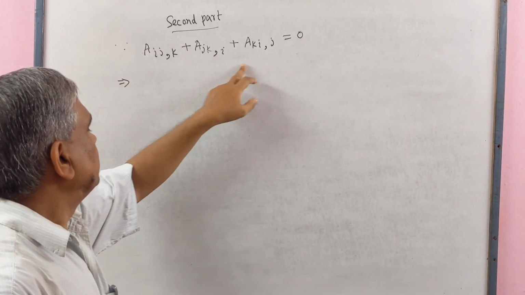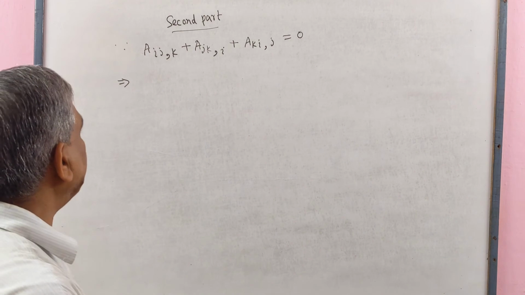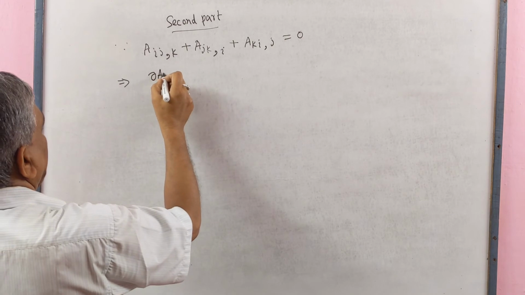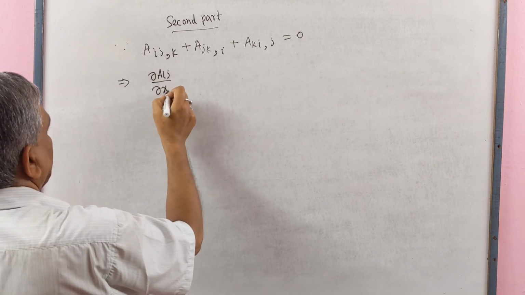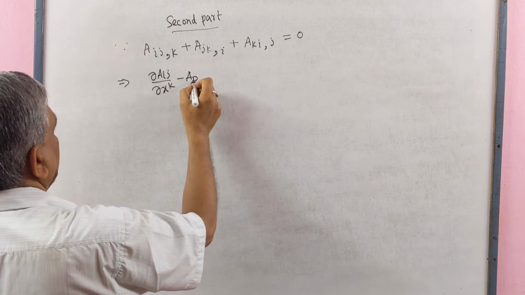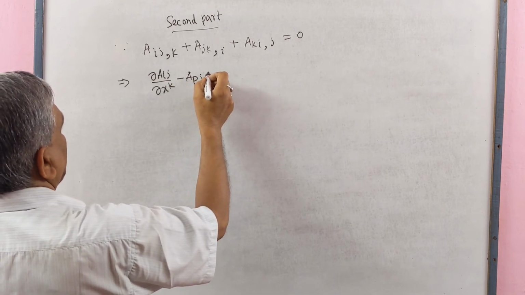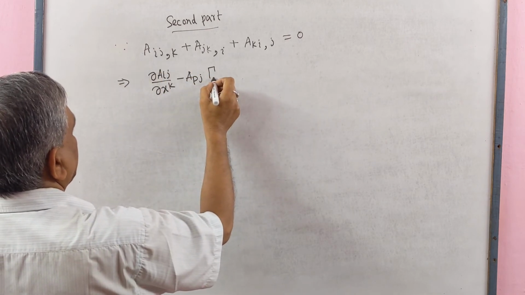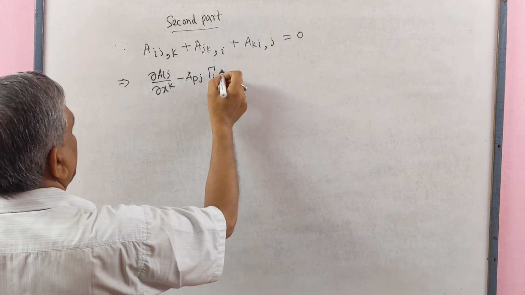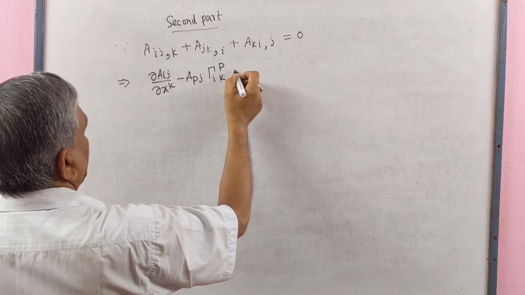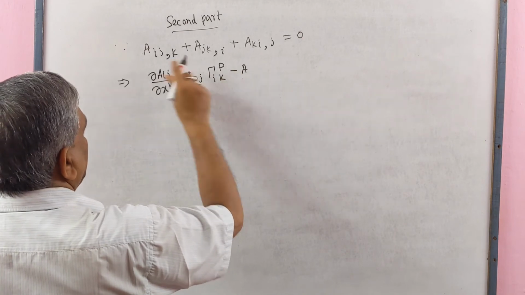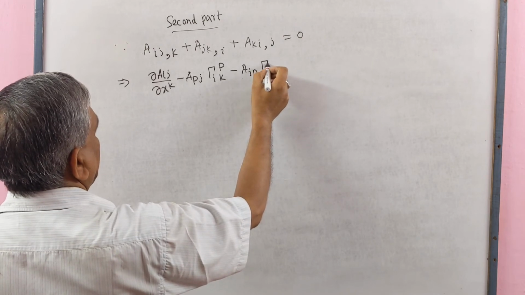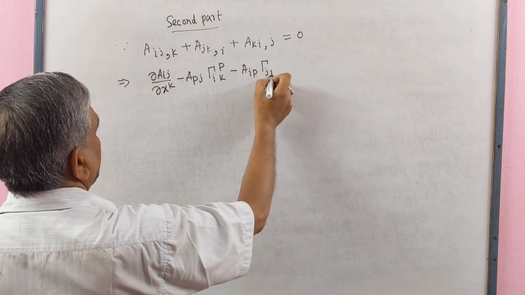Since this equation equals 0 from the first part, it implies that ∂a_ij/∂x_k minus a_pj Christoffel symbol of the second kind, we have replaced i, here we write i, k, here p, minus, now we replace j by p, here we have replaced j, k, here p.